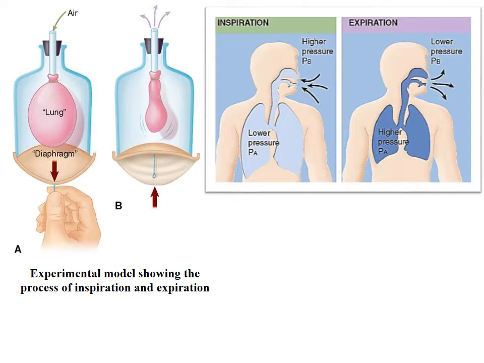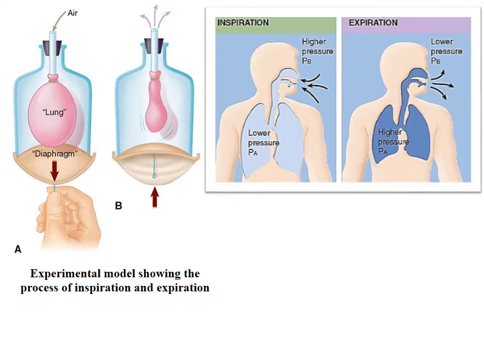Now suppose the diaphragm is pulled down. The first thing that happens is contraction of the diaphragm, so the diaphragm is pulled down. What will happen is the vertical diameter of the thoracic cavity will increase.